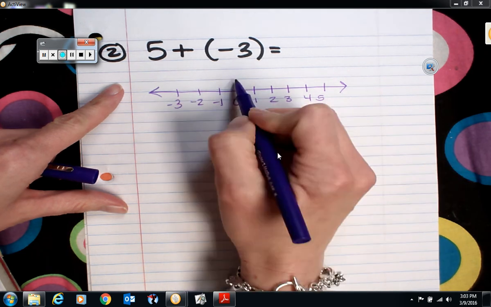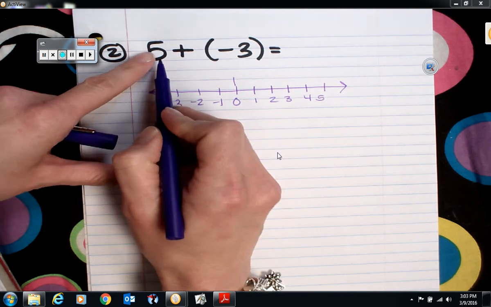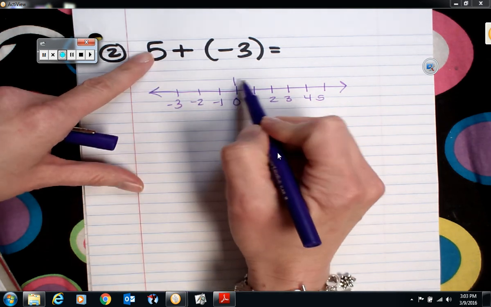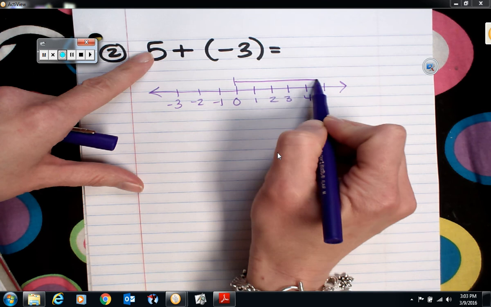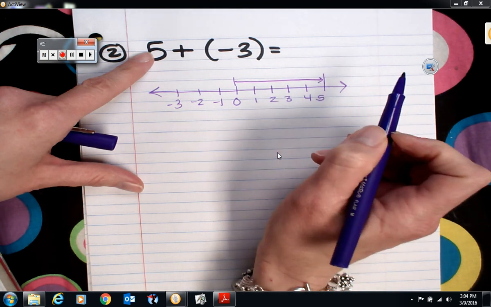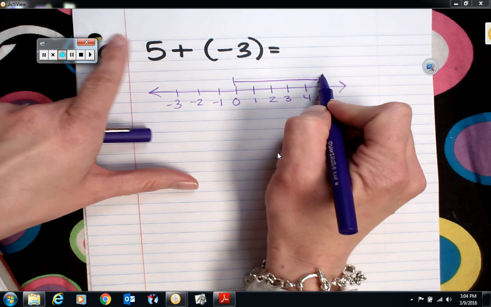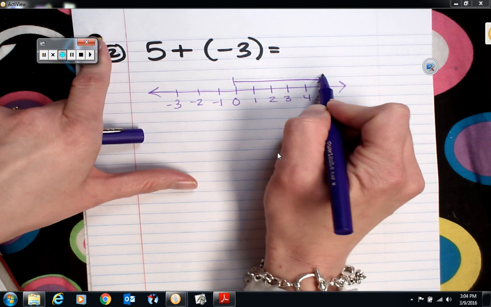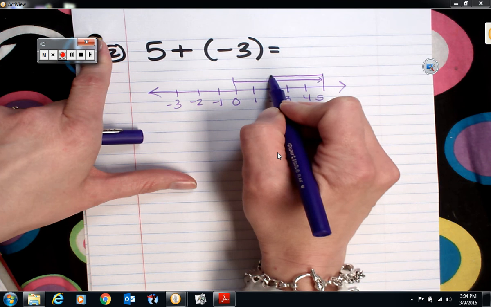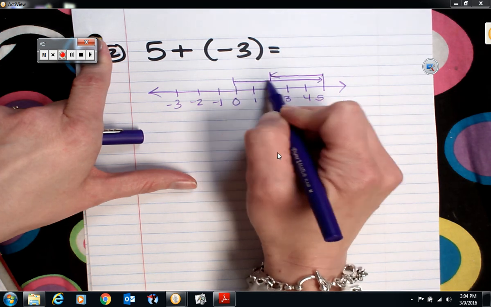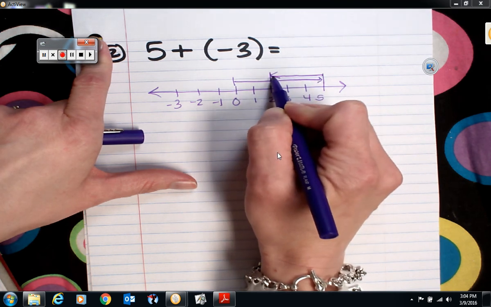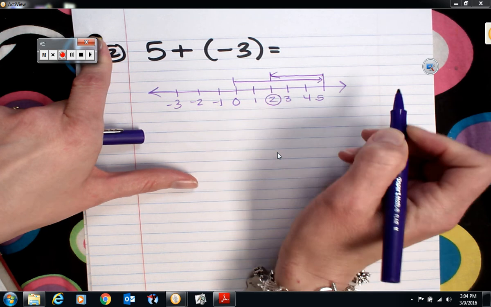I'm going to start at 0, and I'm going to illustrate the +5. So positive is to the right, so I'm going to draw an arrow to +5. And then if I want to add a -3, I'm going to have to change directions and go back 1, 2, 3 places.